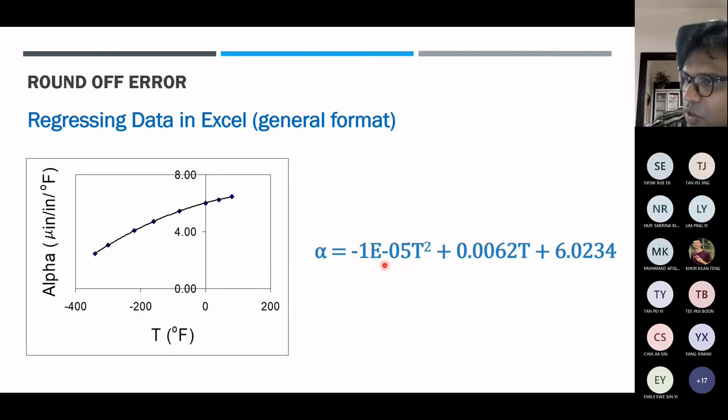If you don't consider the decimal numbers, it directly gives you minus 1 times 10 to the power of minus 5, and for the second term, t squared, and then the next term it gives 0.062, giving you two significant places. These are your unknown parameters that they already determined for you.